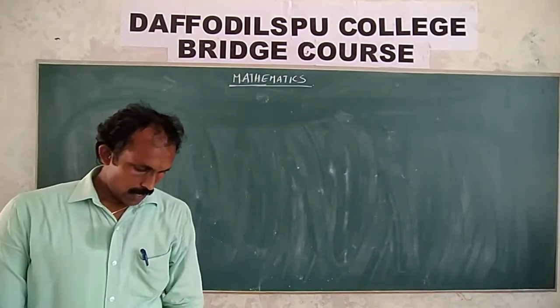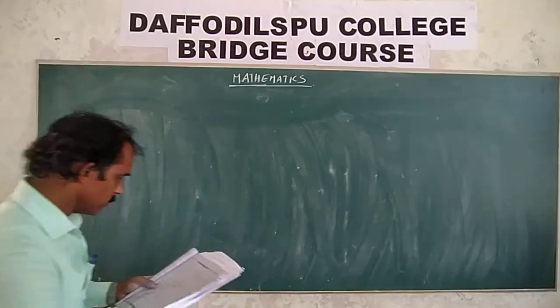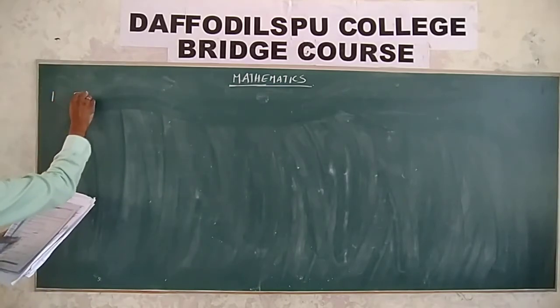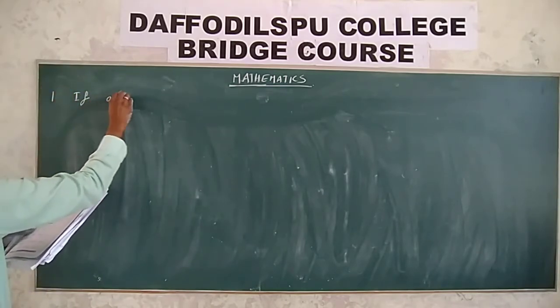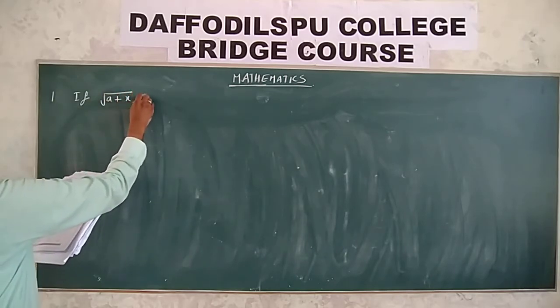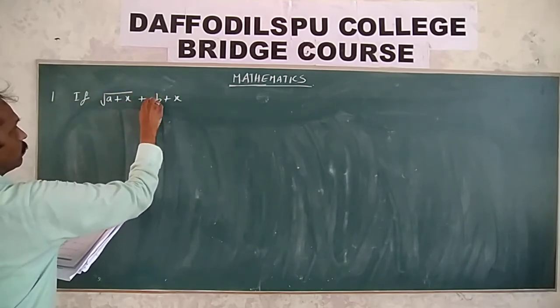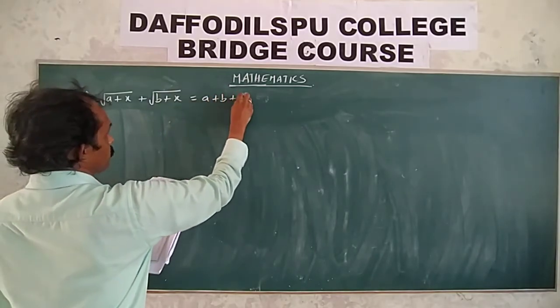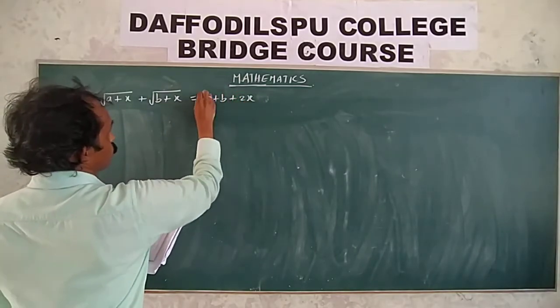Okay, we do some problems for homework students. Square root of a plus x plus square root of b plus x is equal to square root of a plus b plus 2x.